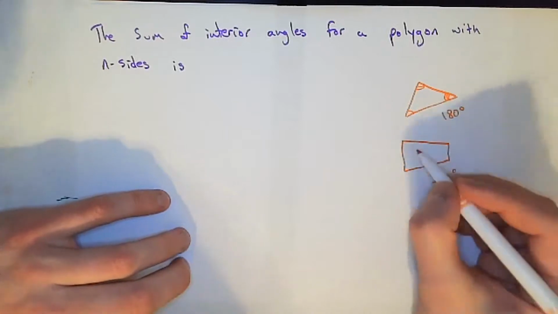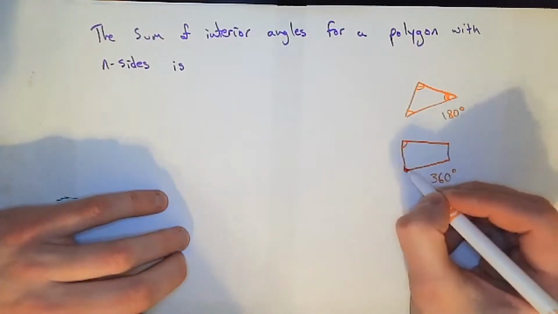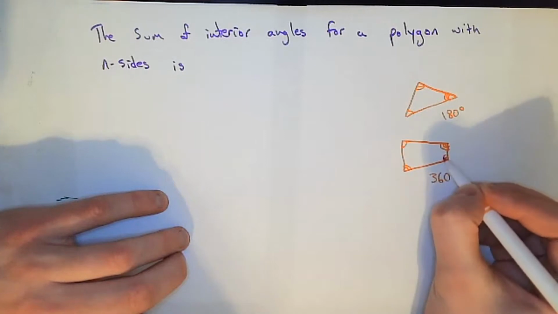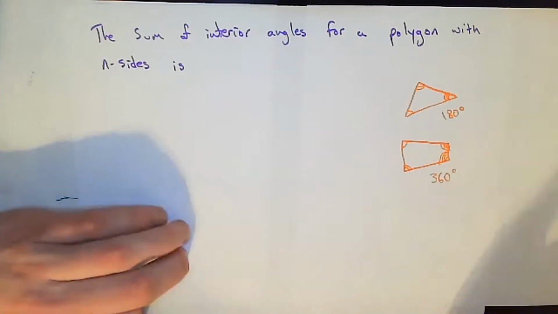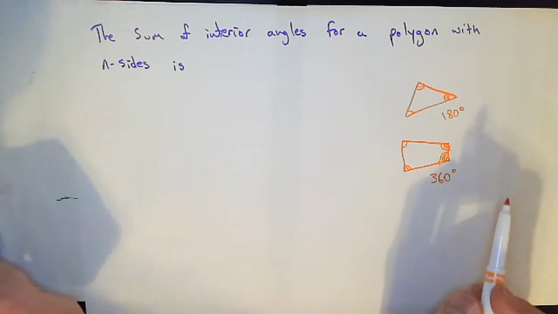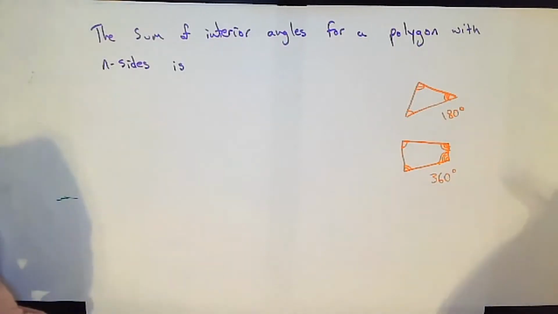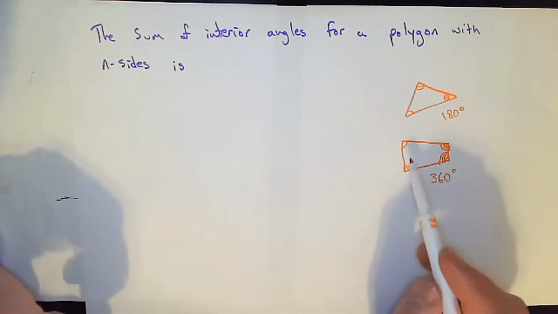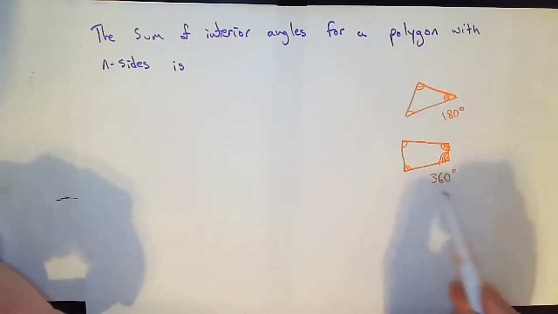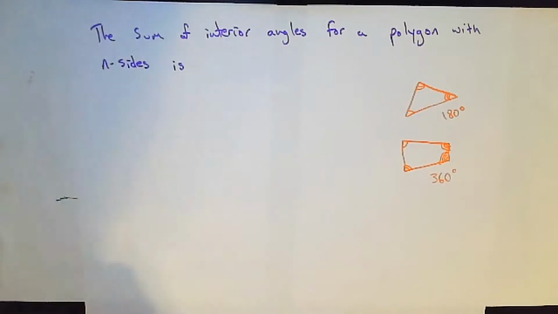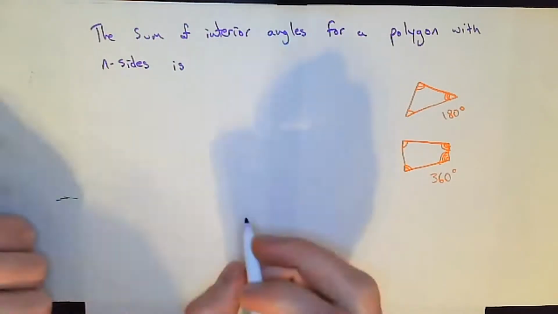I don't really need to draw the angles, this kind of looks messy when you get four angles. But the point is that the sum of all the interior angles, the angles inside, adds to 360. So what is it in general for a shape that has n sides?